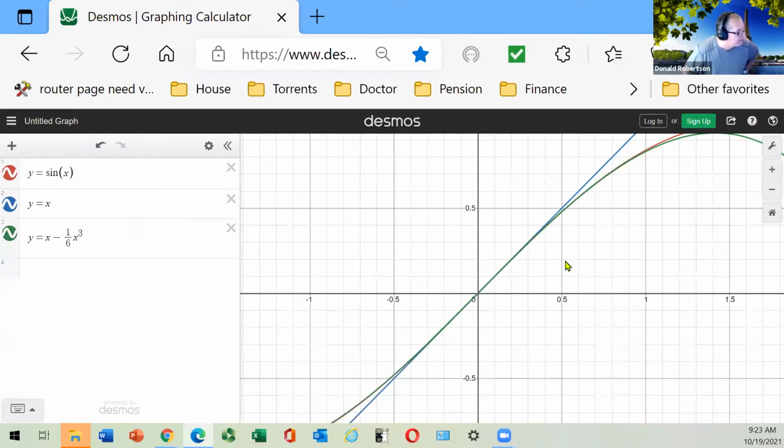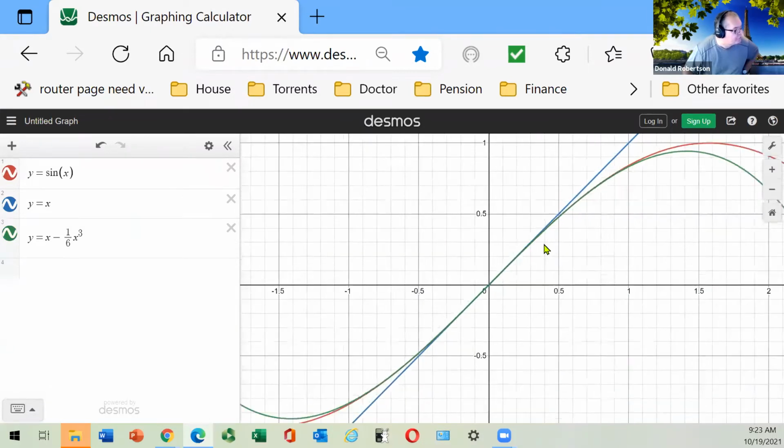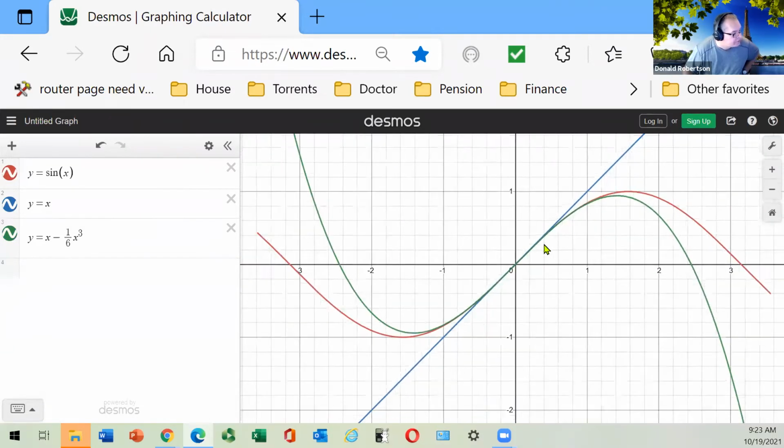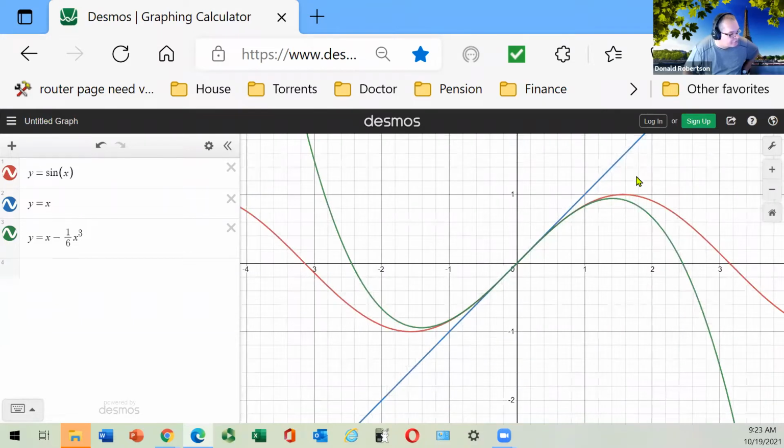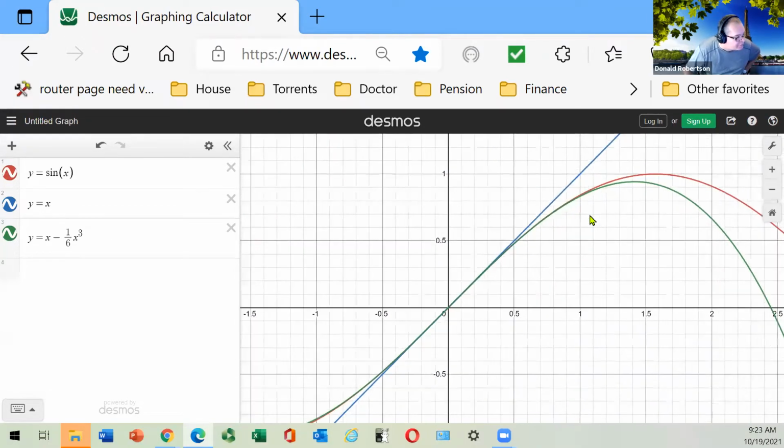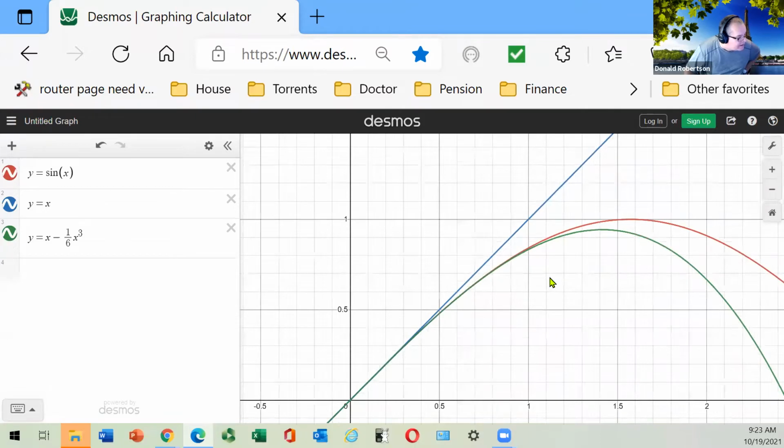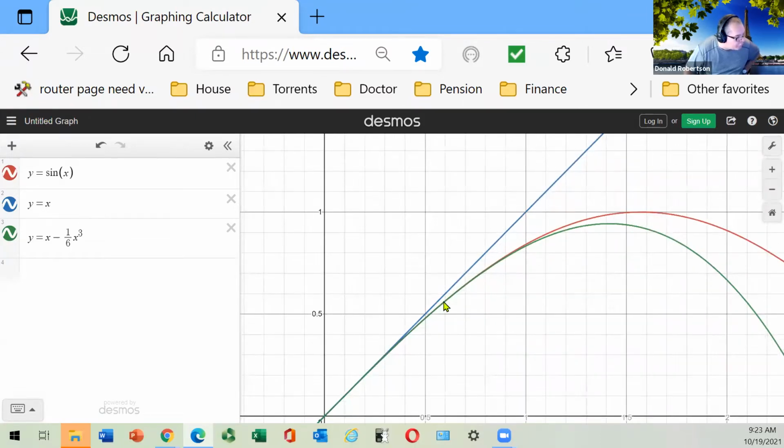Now, if you add that in and zoom out a little bit, do you see how the straight line doesn't really work? Can you see that the green one at least is beginning to curve a little bit more? Secondly, if we zoom on this side, isn't the green one following the original function a lot further before it starts drifting?